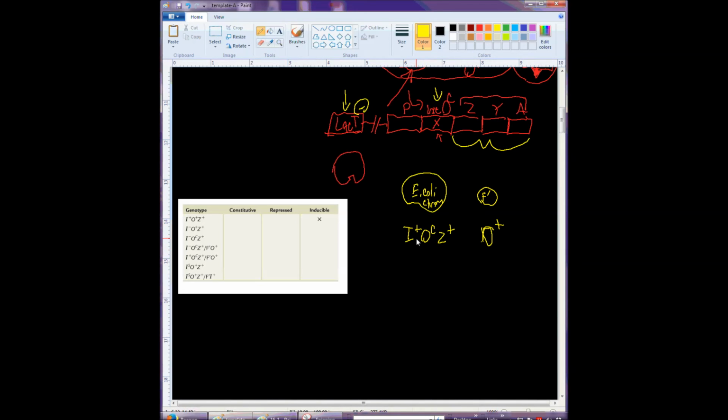Okay, let me sketch the operon again. It's going to be kind of messy. P, O, Z, Y, A. And then I'll put O over here for the F prime plasmid.